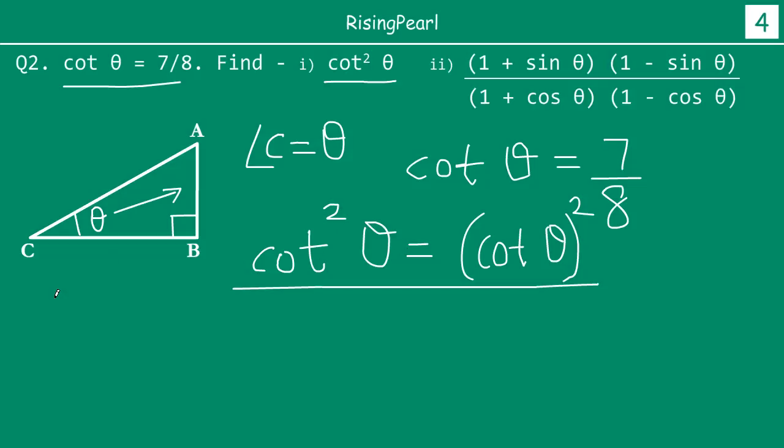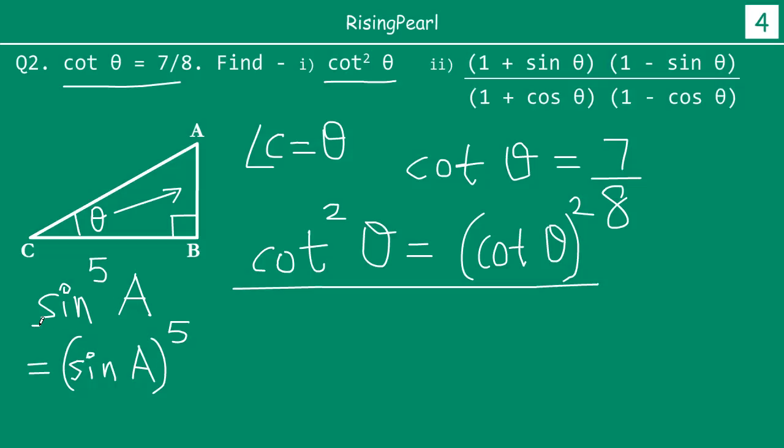So for example, if something is given to you as sine to the power 5 of a, what this really means is that sine a, your ratio, whole thing raised to the power 5.